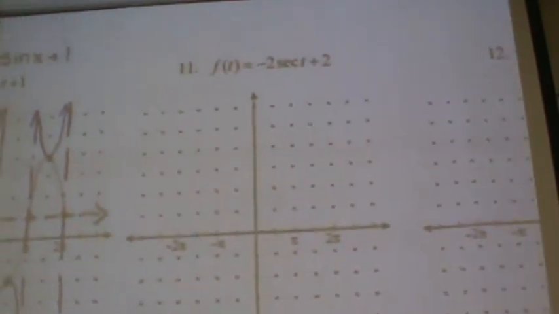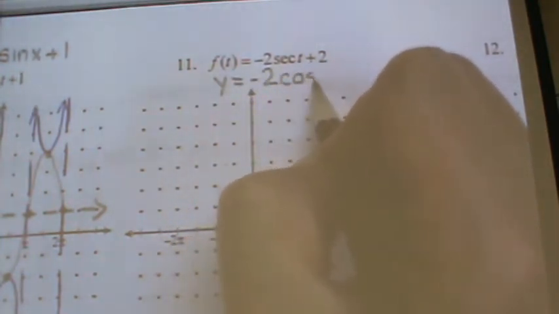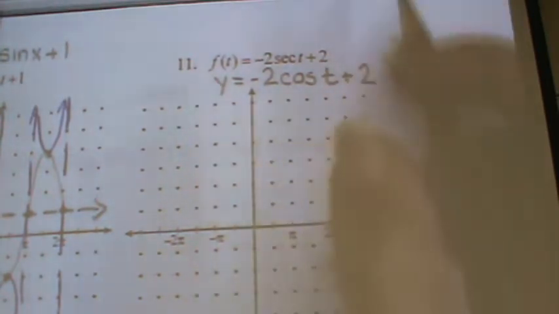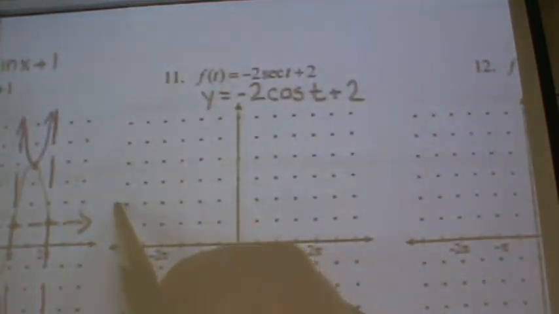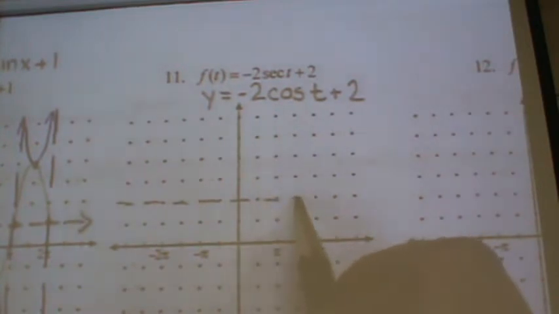Okay, number 11. What are you really graphing? -2 cos x plus 2. Start where? Plus 2. Make a broken line. This is your new x-axis.